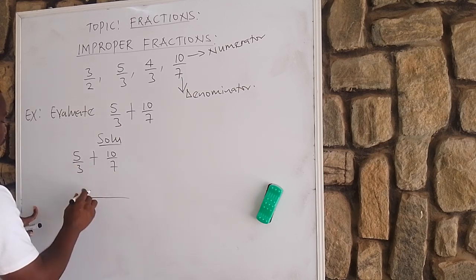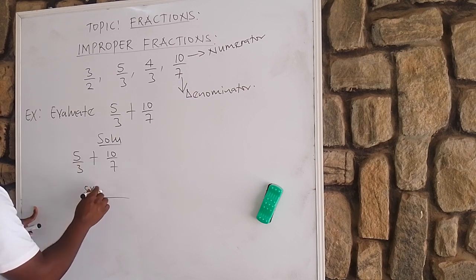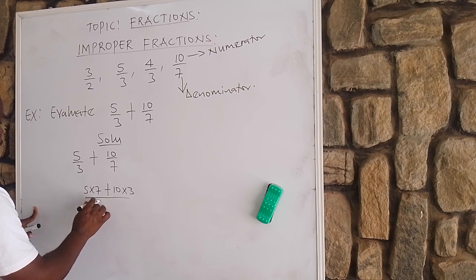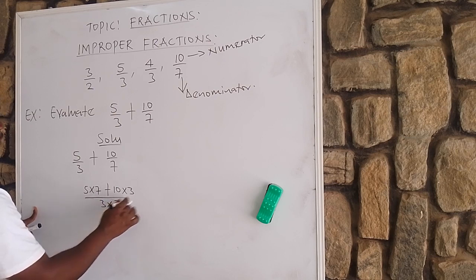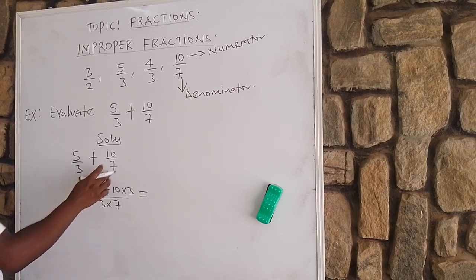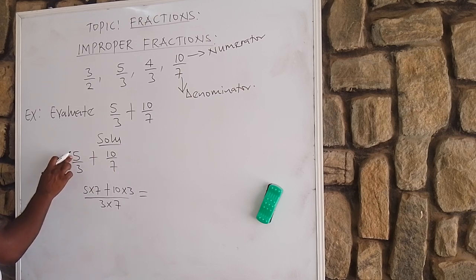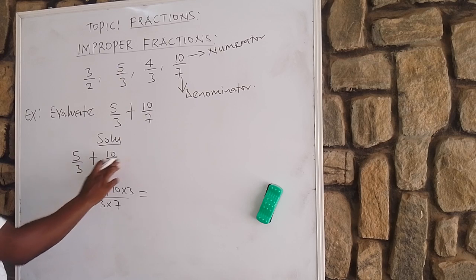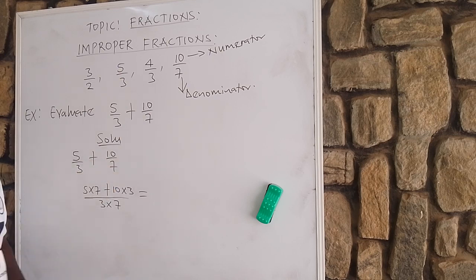5 times 7, plus 10 times 3, all over 3 times 7. That is 7 multiplies 5 plus 3 multiply 10, then all over 3 times 7.